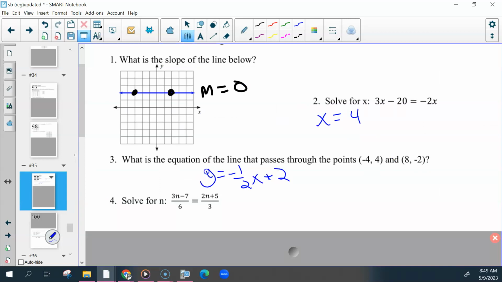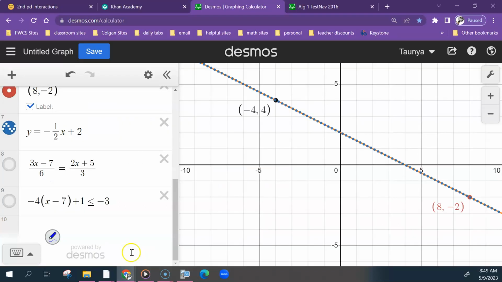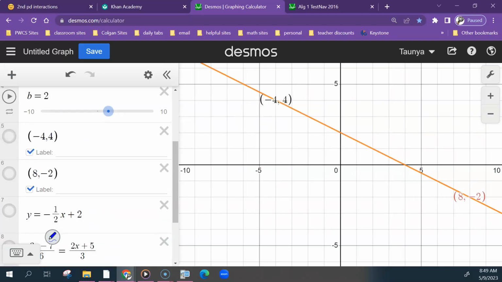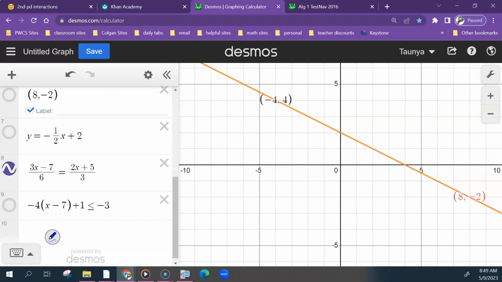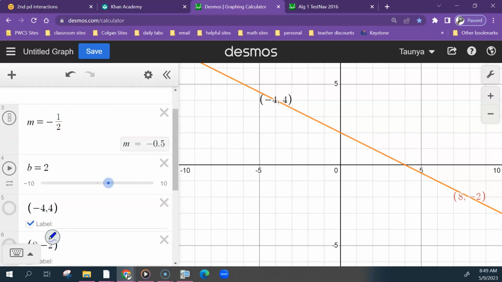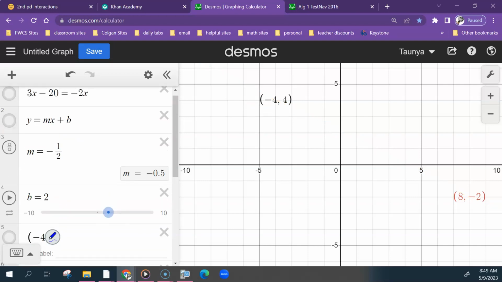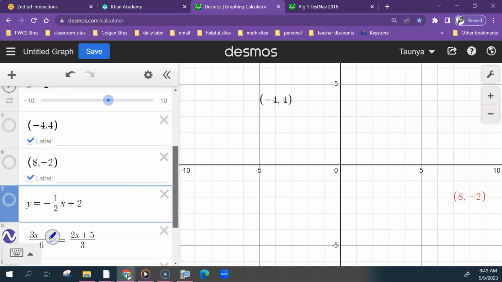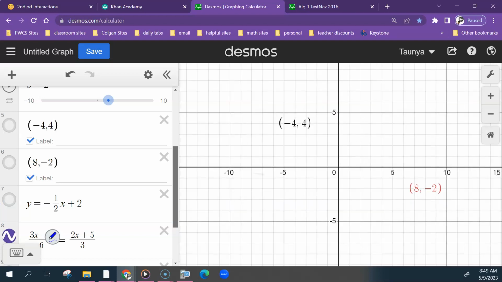Number 4, if you were doing it algebraically, you would cross multiply. But you can put this entire thing into Desmos, the fractions and all. Change the variable to x, though, because it doesn't like n. If you don't see anything, you either have to put them in separately or zoom out first, because the number might be bigger than what's on the screen.